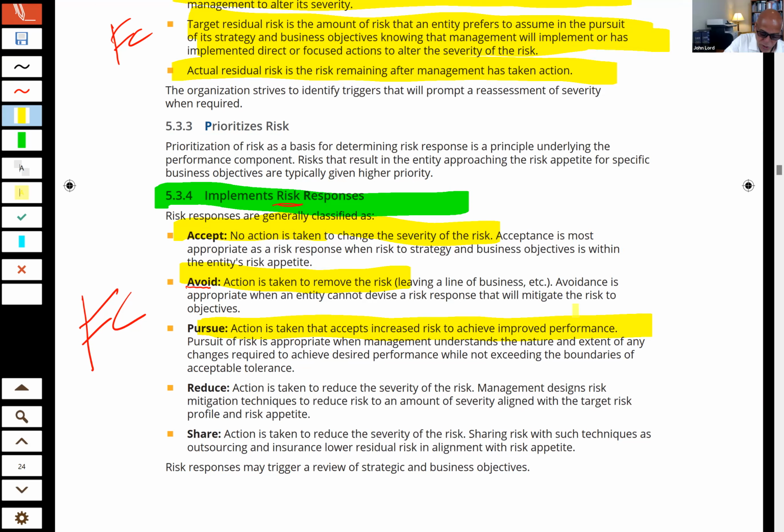Okay. Reduce. Action is taken to reduce the severity of the risk. You buckle a seatbelt. I don't know why we don't wear helmets when we drive. Why not? A lot of the real serious injury is going to be head injury. Well, I guess people don't want to mess up their hair or whatever.